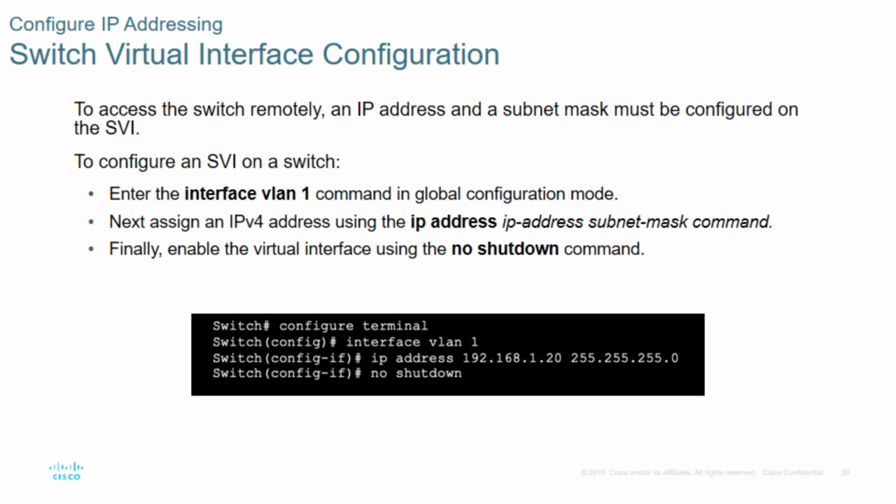Next, assign an IPv4 address using the ip address command and subnet mask interface configuration command. Then we finally enable the virtual interface using the no shutdown command, right? After these commands are configured, the switch has all the IPv4 elements ready for communication over the network.